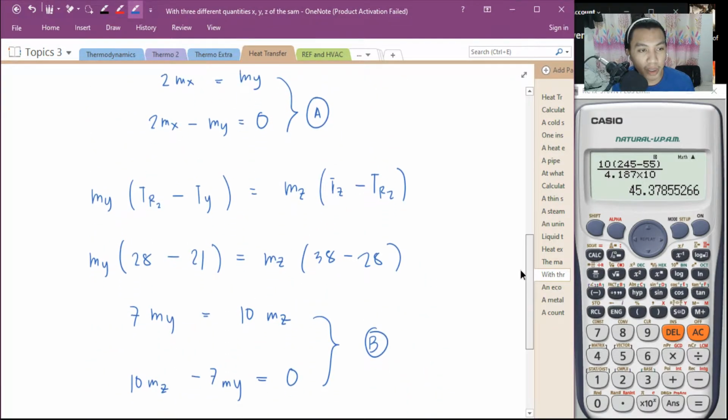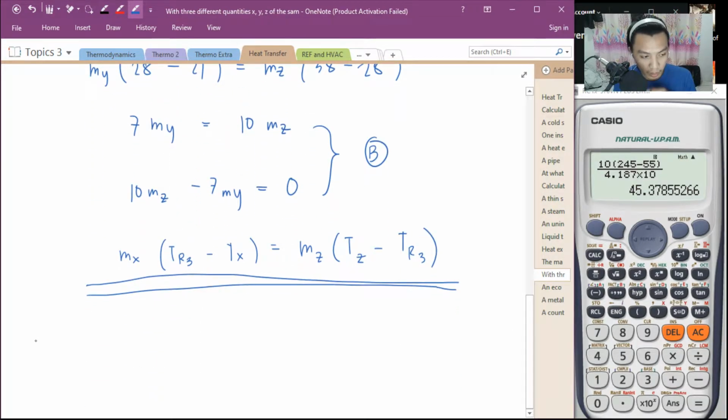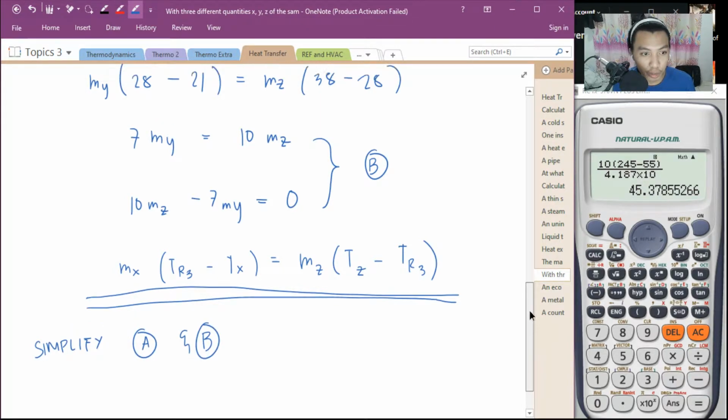Pwede nating pagsamahin 2MX tapos yung simplifying natin. Equation A and B. Dulo-dulo.